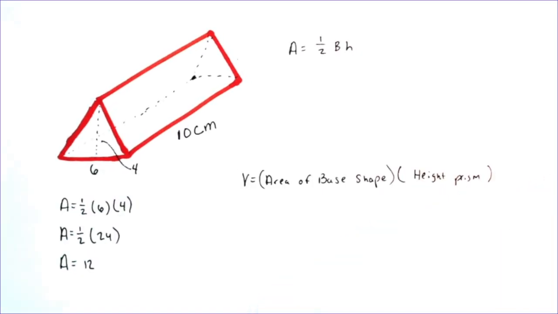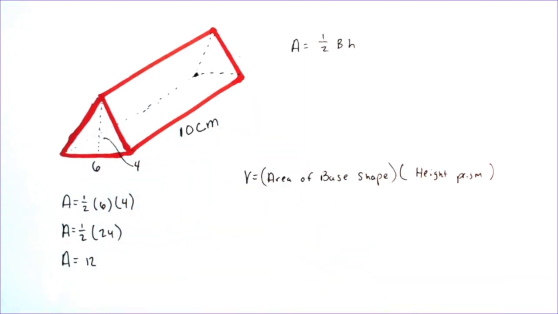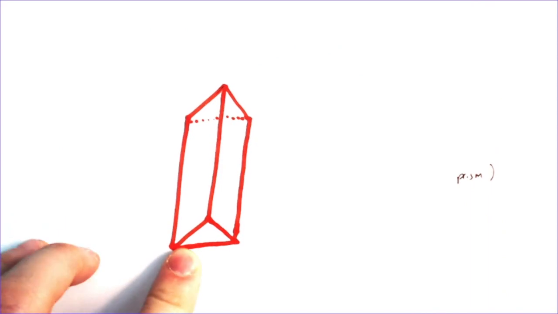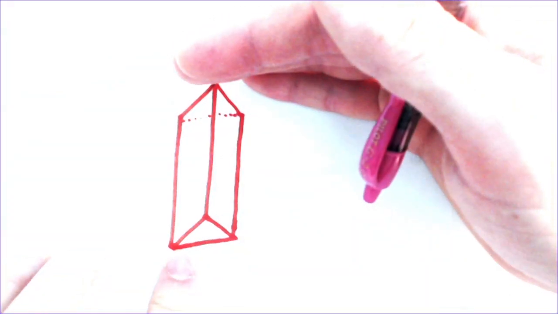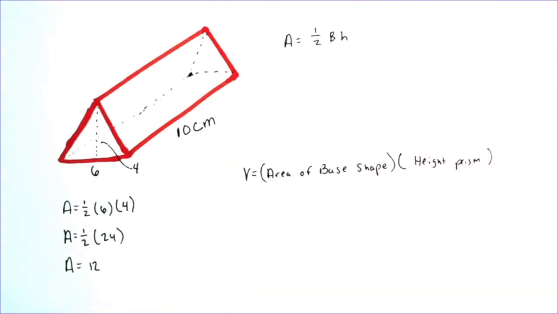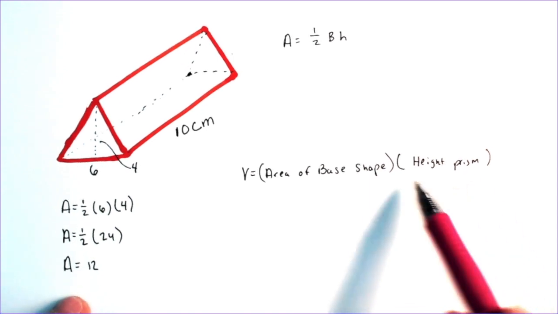Now the height of the prism is how far it is going to be stacked. In this case, the height is going to be 10, because if we were to actually turn this up on its side, the triangle would kind of be on the bottom, and then it would be stacked up by 10 high. Okay? So the height is, by definition, what would it be if you were to turn it onto that triangle side, and how high would it be stacked? That's the height of the prism.